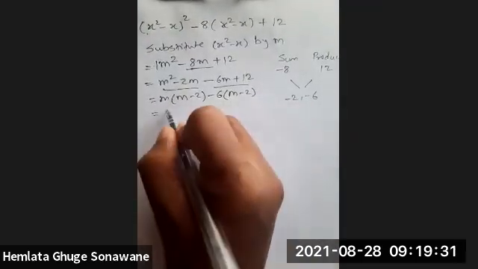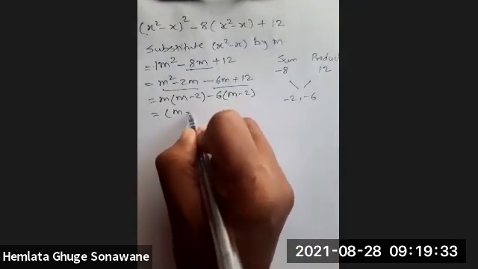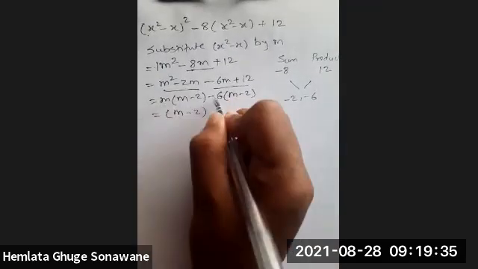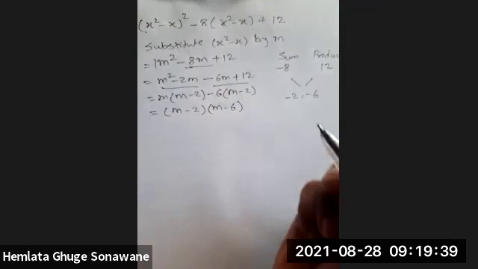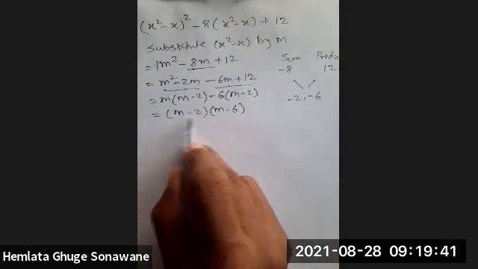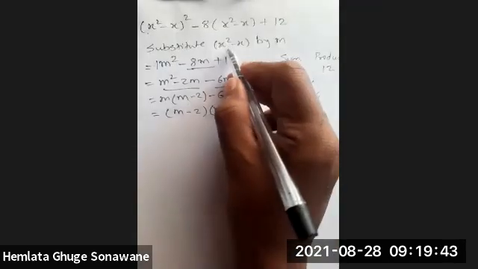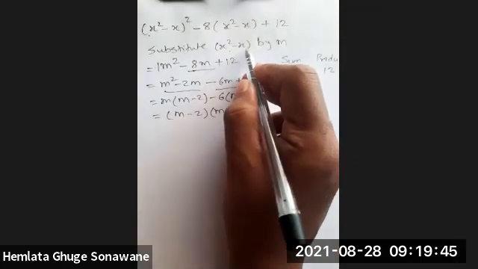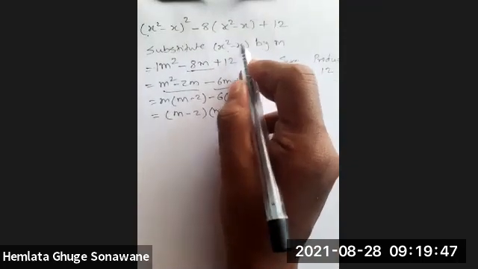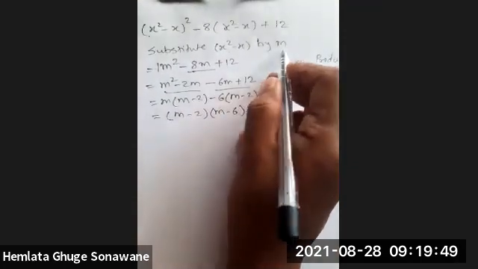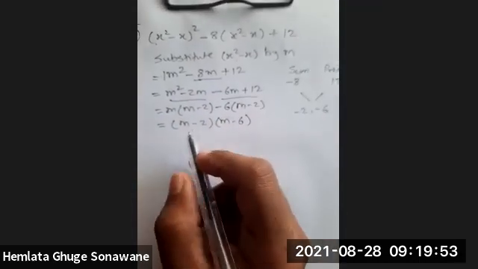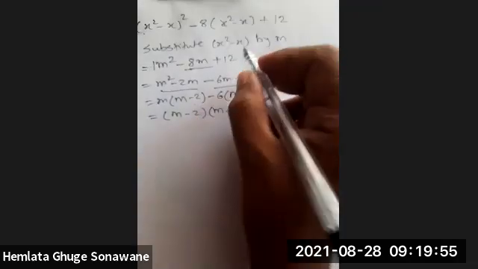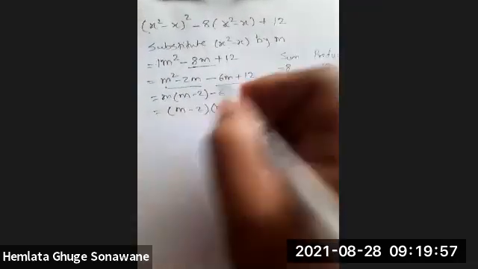We'll write this bracket m minus 2 and in another bracket m minus 6. Now we'll resubstitute this with x square minus x. Earlier we substituted m as x square minus x. Now we resubstitute x square minus x for m.